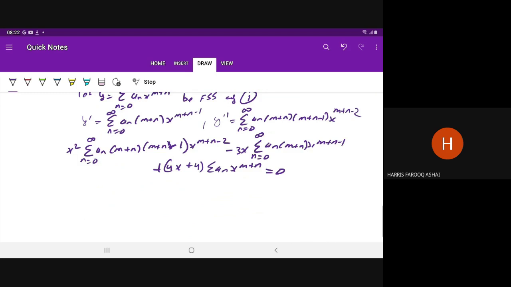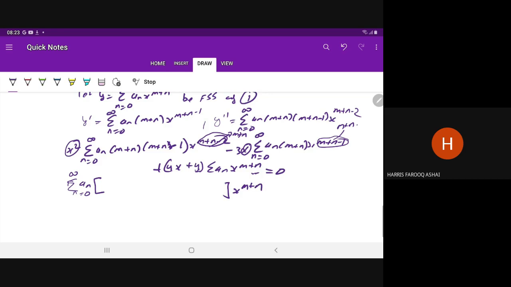So here we have put the values of y dash and y double dash. Now if you multiply this x square here, and multiply the x with the m plus n, I'm just directly collecting the terms instead of multiplying. So here we take summation n is equal to 0 to infinity a n, and here we have x to power m plus n.